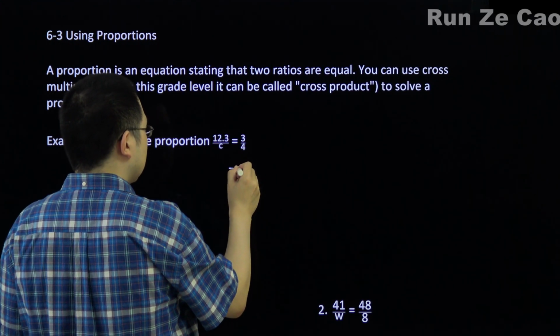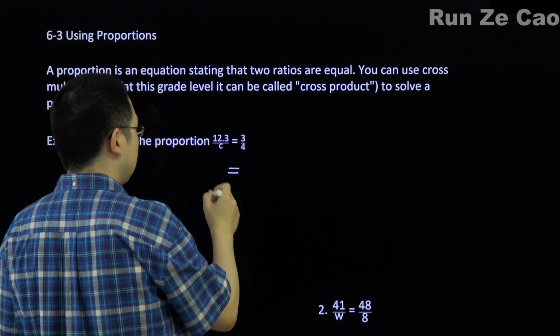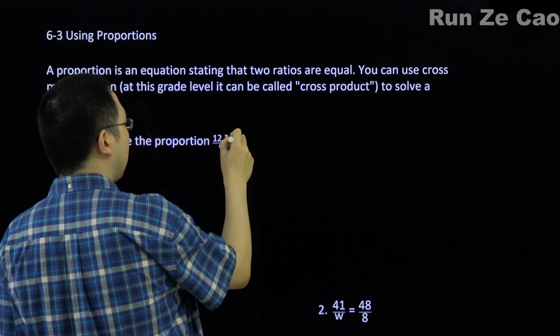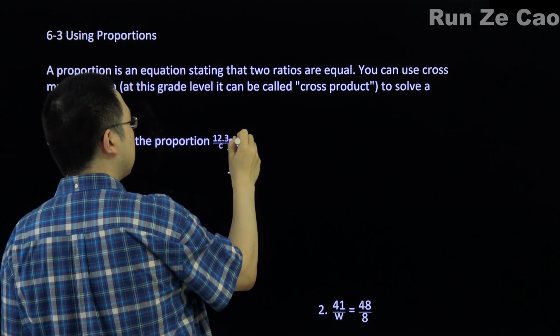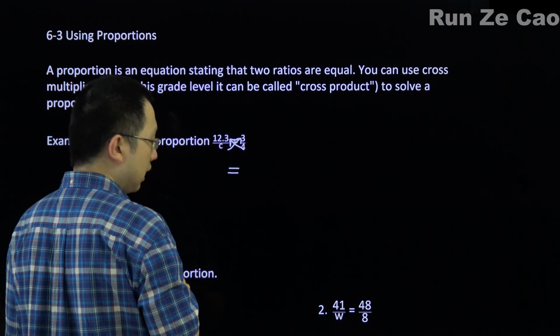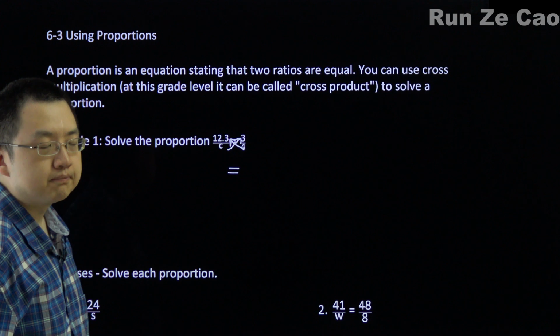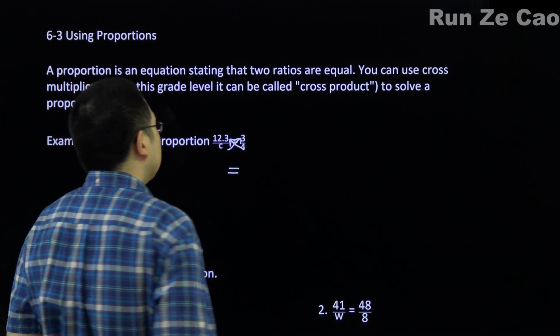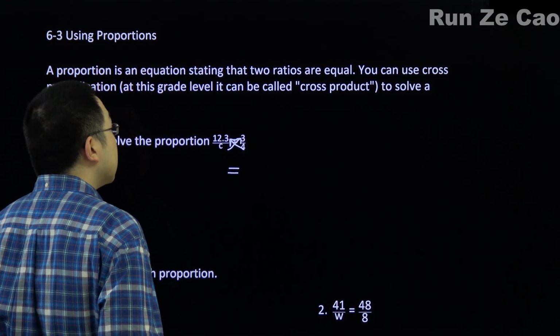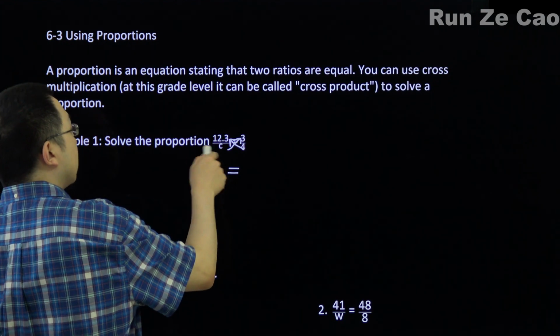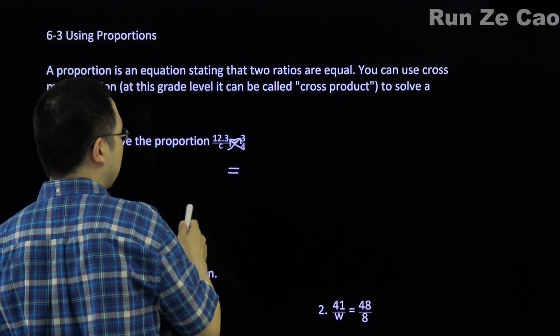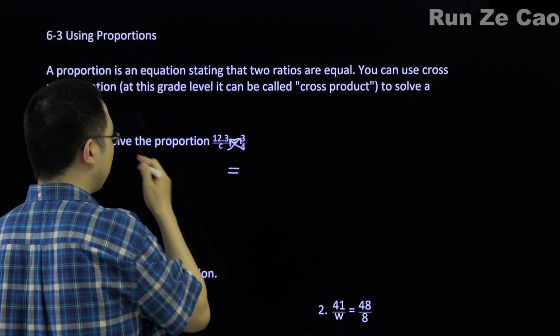Cross multiplication would be, we multiply the 4 over, and we multiply the C over. What we're actually doing is multiplying both sides by 4C. By multiplying both sides by 4C, on this side, it's equivalent to getting rid of the C and multiplying by 4.